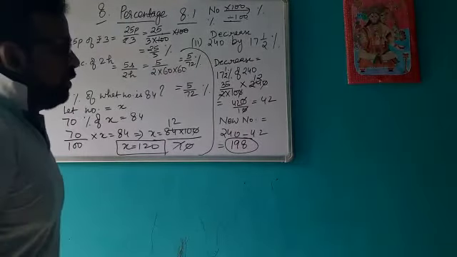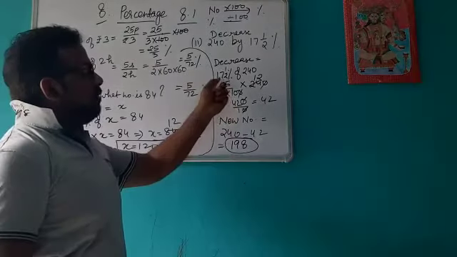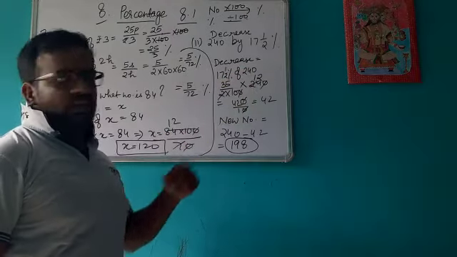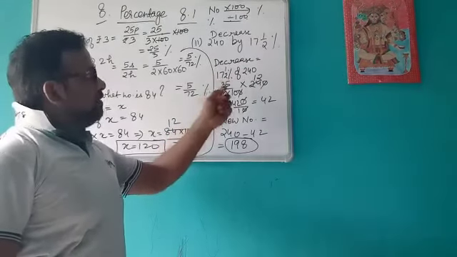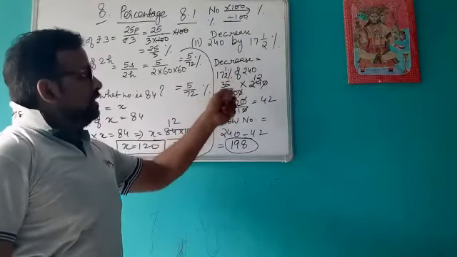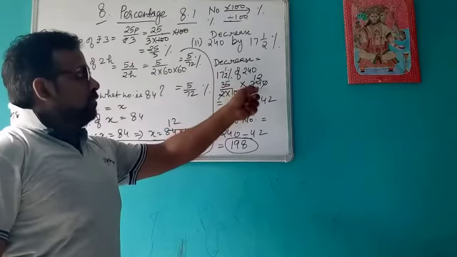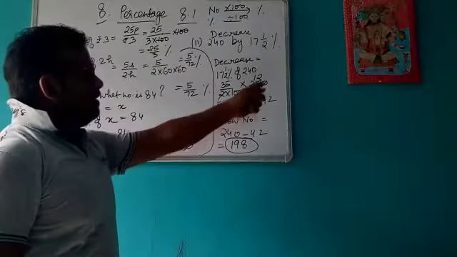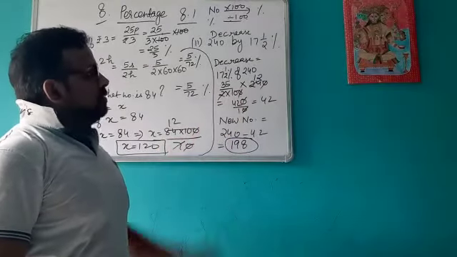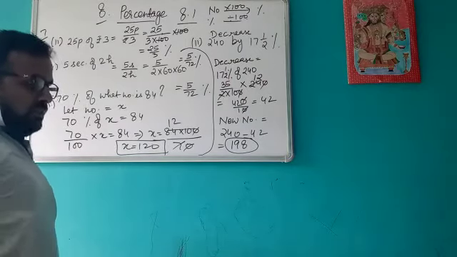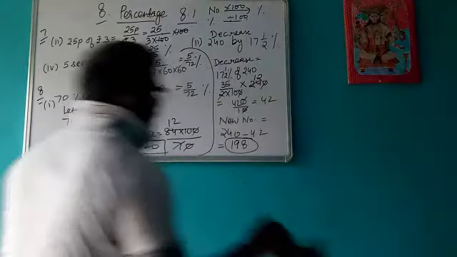So whenever you have to decrease or increase anything, first you calculate the decrease or increase by this method. 17 and a half is 35 upon 2, percent is converted into 100, of is converted into multiply, and 240. Then you will simply solve it and you will get the answer. So in this manner you can solve questions like this.